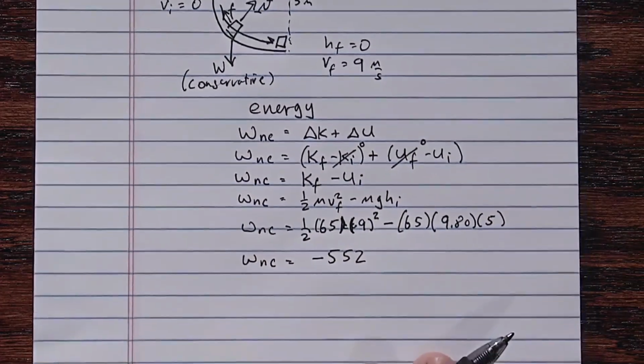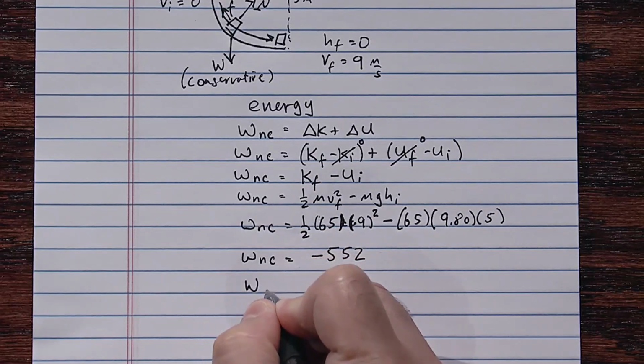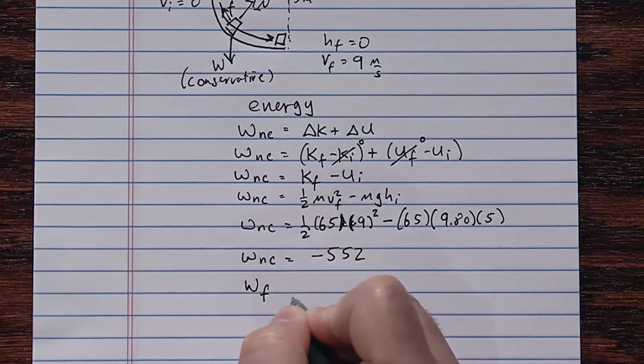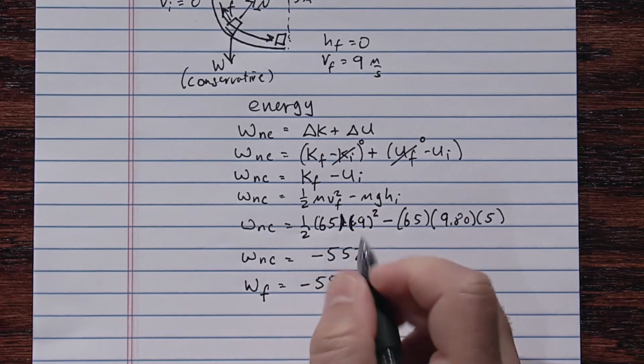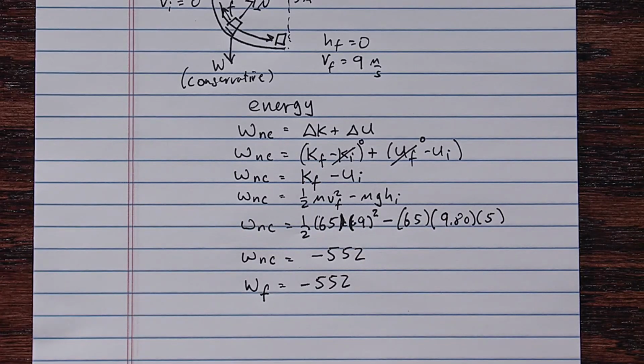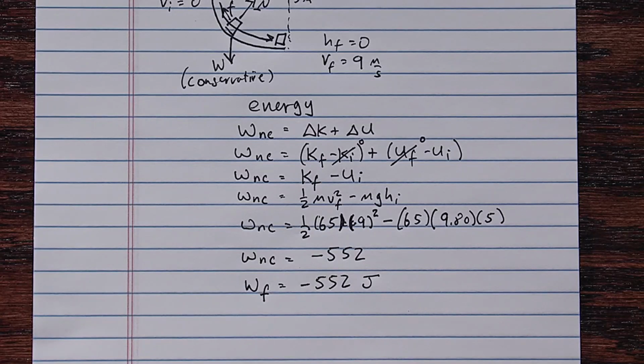So where I've written down here the work done by non-conservative forces, I can write down that that is the work done by friction, and it's minus 552 in the metric units for energy, which are joules. 552 joules of energy is the work done by the friction force.